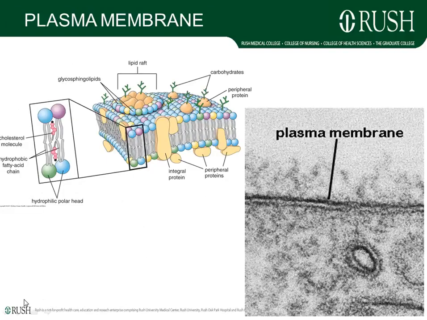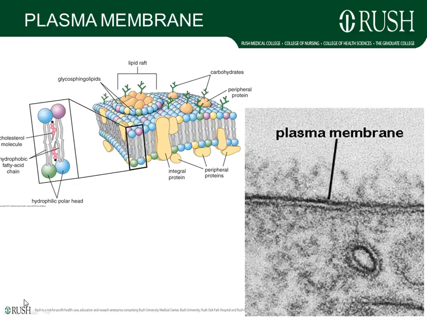So let's take a closer look at the plasma membrane and how it's put together. On the left, you can see a model, and this is familiar to many of you who've had basic biology or even cell biology. This is called the fluid mosaic model of membrane structure.